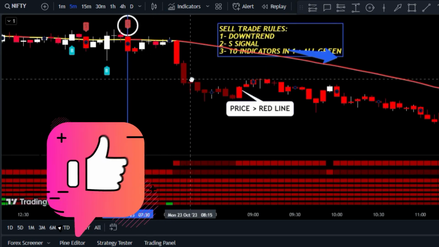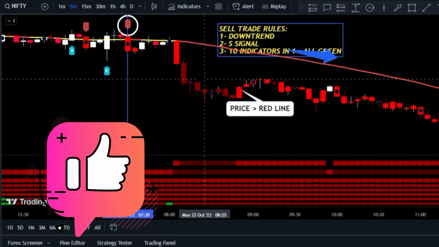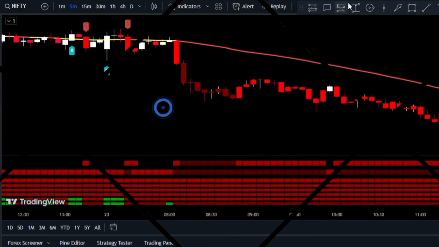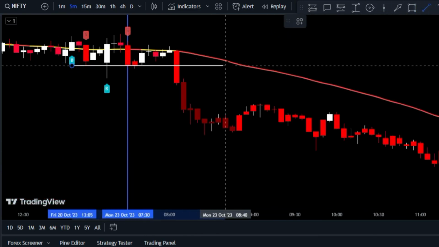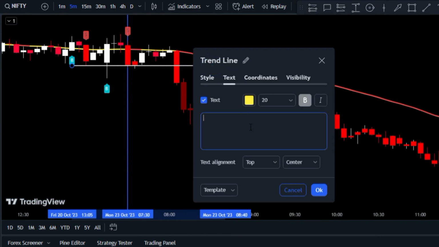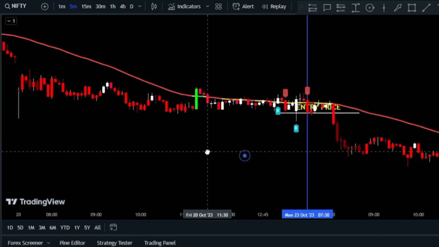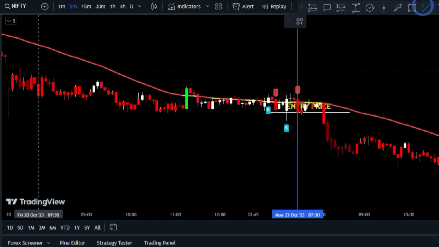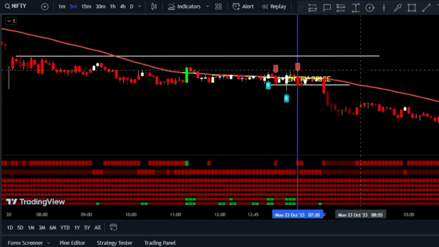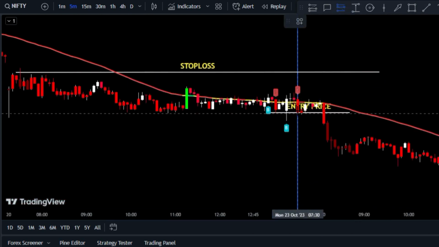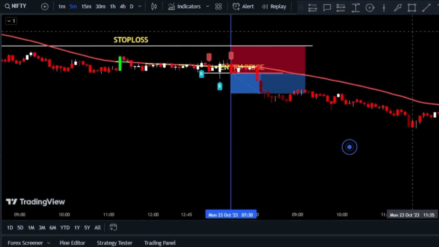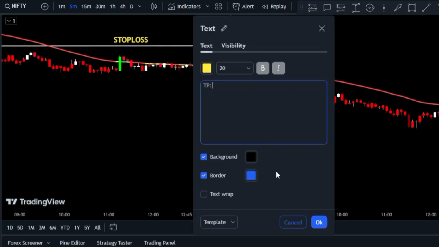So if all these conditions are fulfilled, you're good to go for a short trade. And to set a stop loss for this trade, take into account the recent swing high. As for the target, aim for a risk-reward ratio of 1 to 1.5.